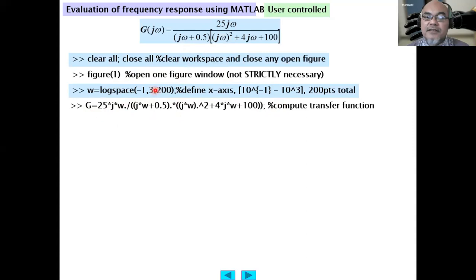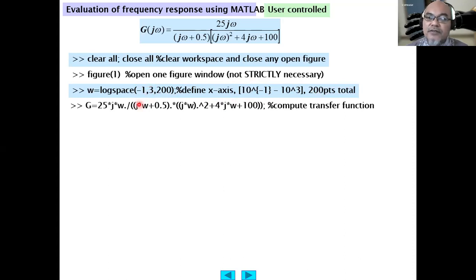In logarithmic space, you define the x-axis with 200 points total from 10 to the power of -1, or 0.1 radian per second, until 10 to the power of 3, 1000 radian per second.